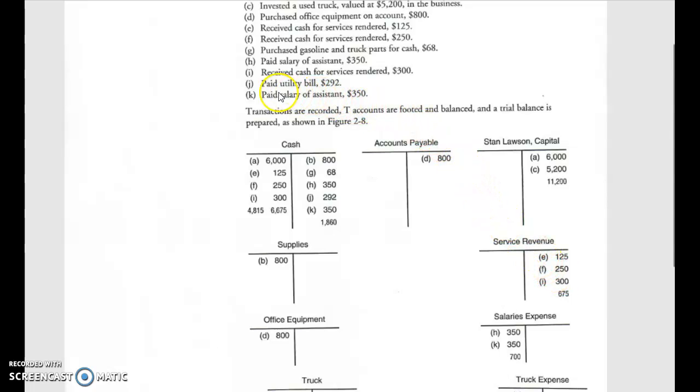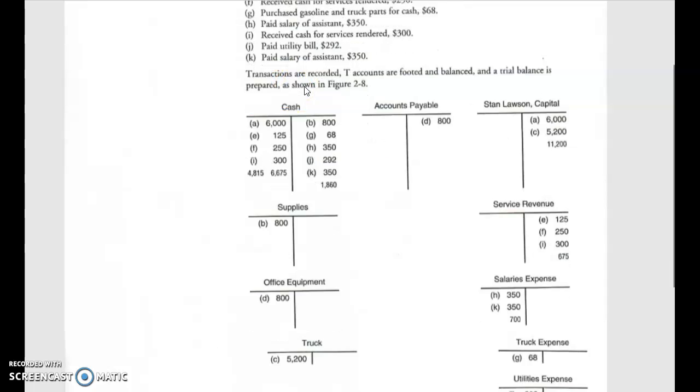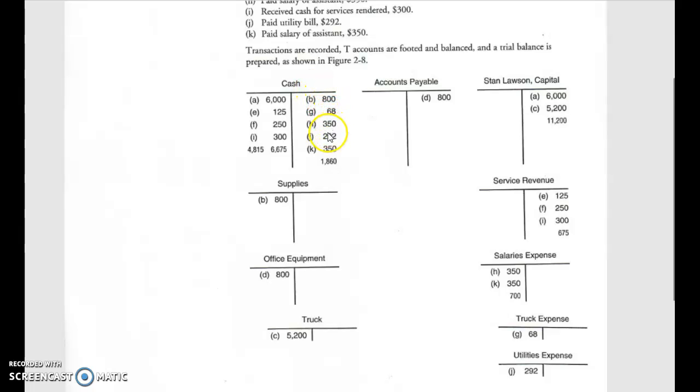Okay, transaction J, we're almost finished. Paid utility bill, $292. Okay, we are paying, so that will affect cash, and we're paying a bill, so that is going to be utilities expense. So we can see here in transaction J, we credited it because we've paid cash and we're reducing it $292.